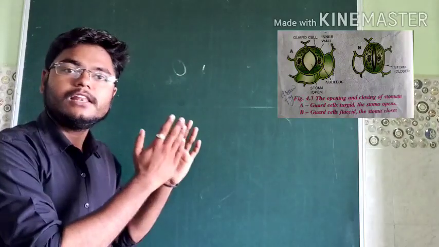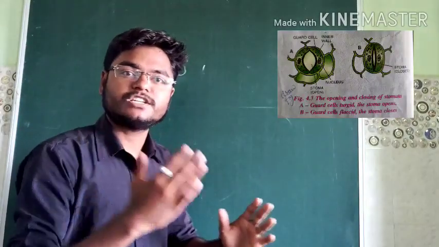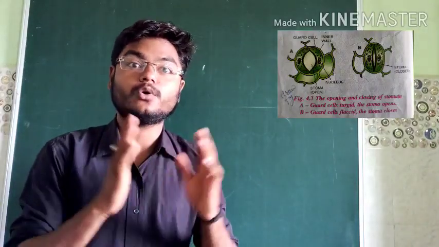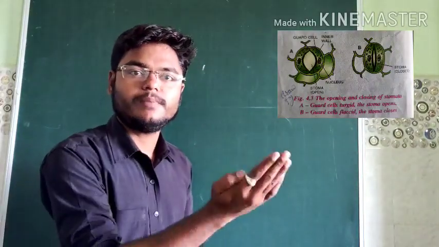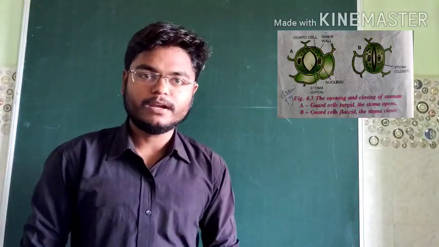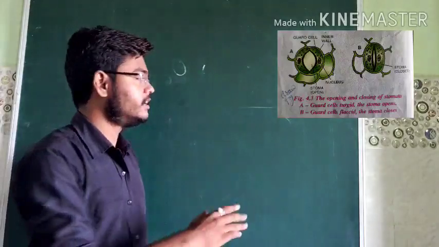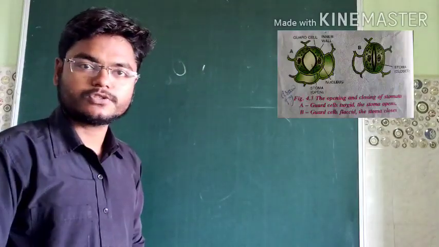So whenever the leaf requires to exchange the gases, this stomata will open their guard cells, means their doors, and the gases will be exchanged with the environment, that is the surrounding atmosphere. Okay, generally this is the structure of stomata.